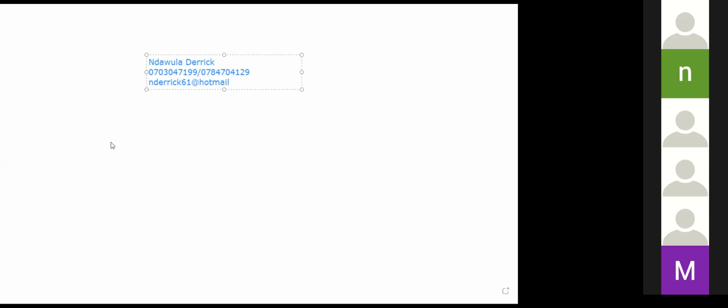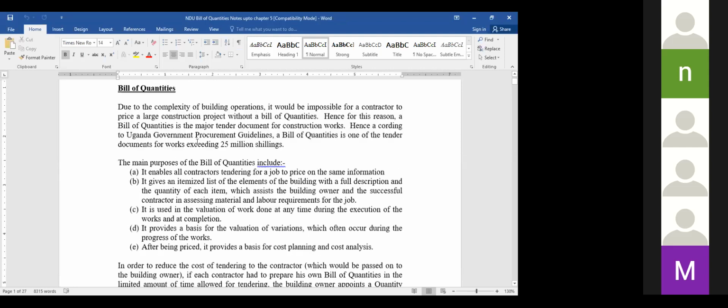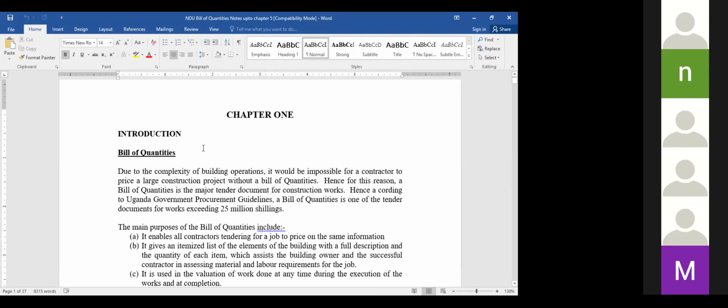As you can see, our introduction straight away runs to bill of quantities.